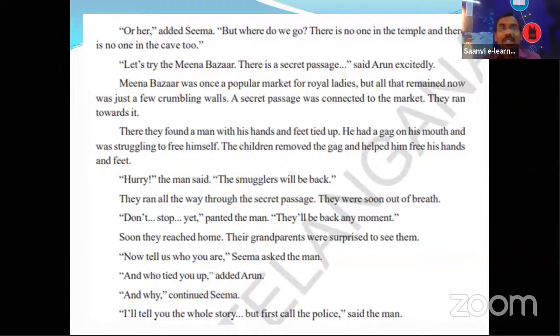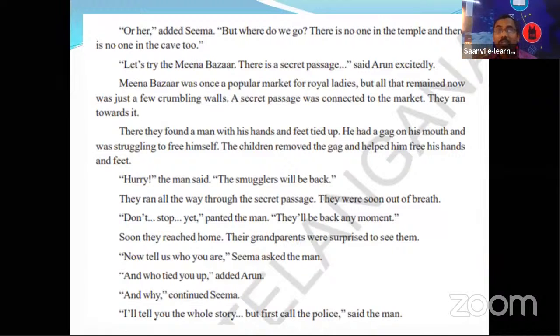Meena Bazaar was once a popular market for royal ladies, but all that remained now was just a few crumbling walls. Royal ladies means the relatives of the kings maybe, or the richest ones in the ancient world.